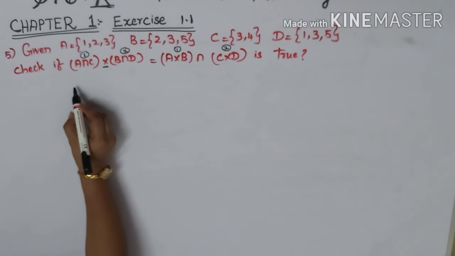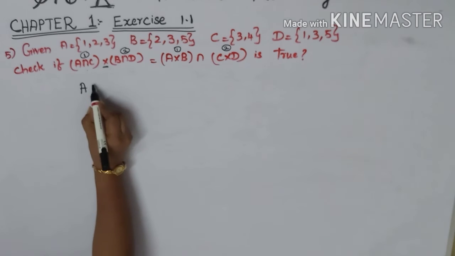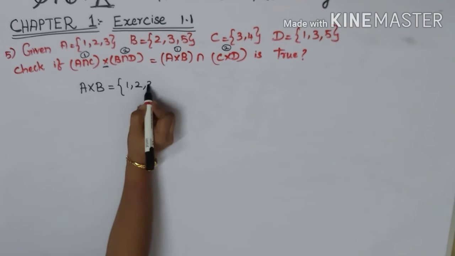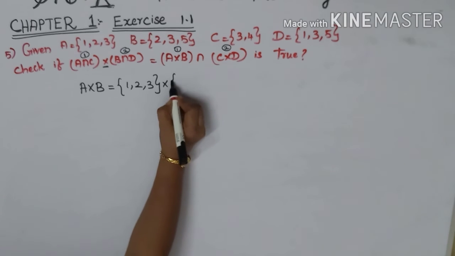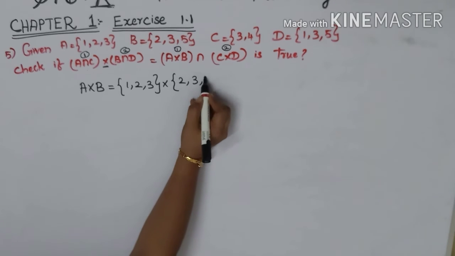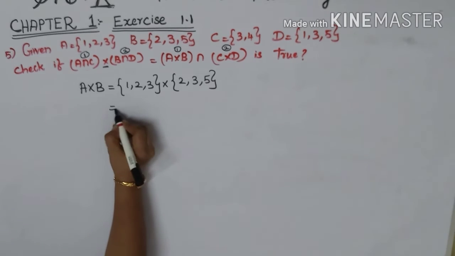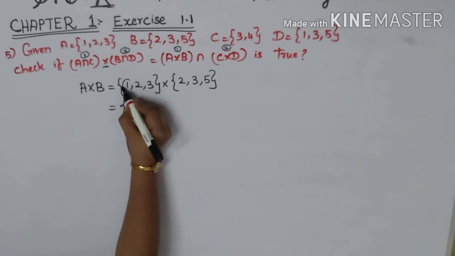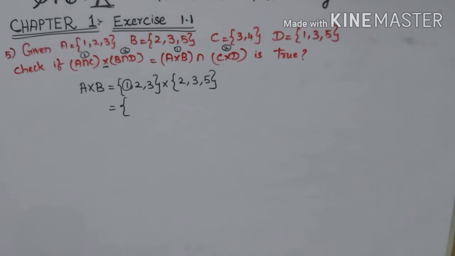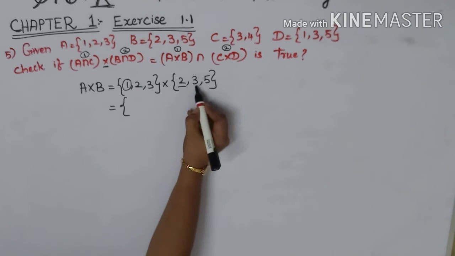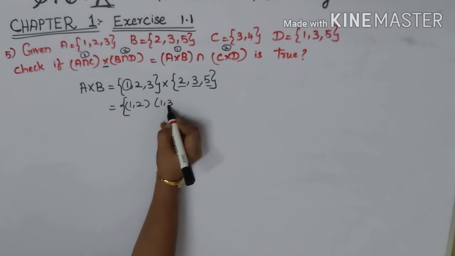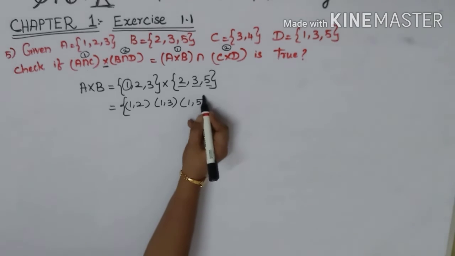Your right hand side, first step is A cross B. You will have to find it. So your A from your question is {1, 2, 3}, cross B, {2, 3, 5}. Now A cross B means nothing but your ordered pairs. You will have to write it in your set bracket. The first element in set A has to be joined with the elements of set B. So it is (1, 2), (1, 3), (1, 5).